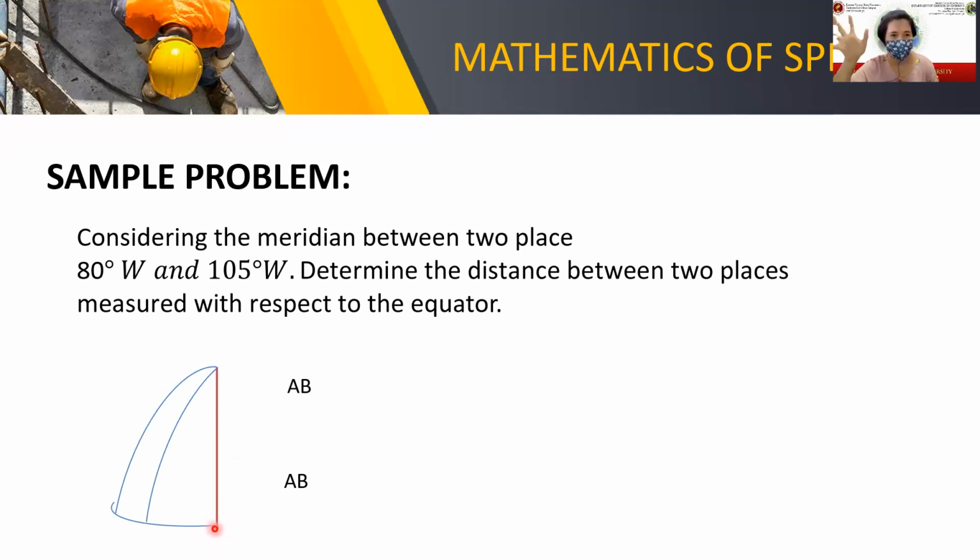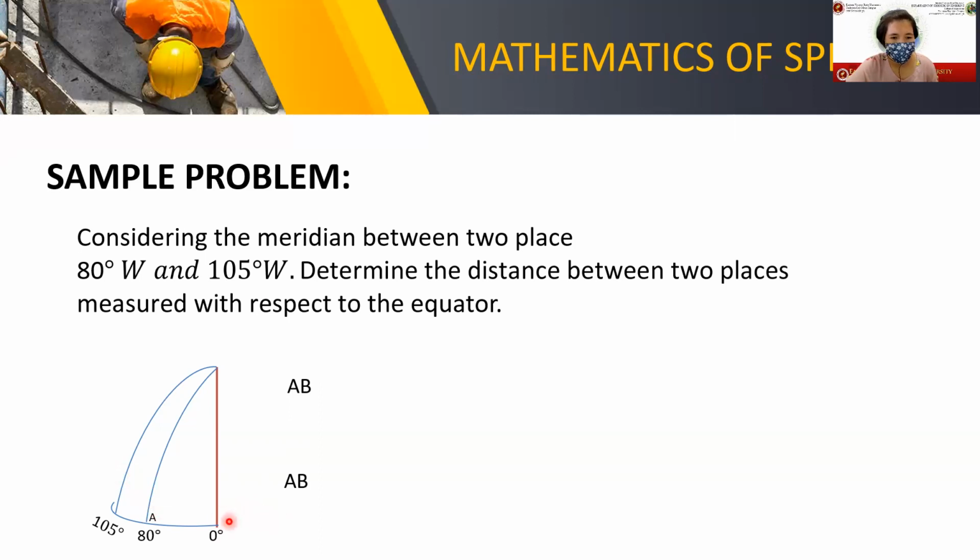Let's say this is the prime meridian, the Greenwich meridian, which is 0 longitude. Since the given angle is west, it goes this way. So here, for sure, is 80, and here, for example, is 105. So we label them, this is 80 and 105. Now the question is, determine the distance between the two places measured with respect to the equator.